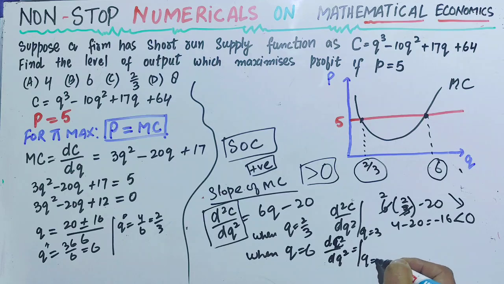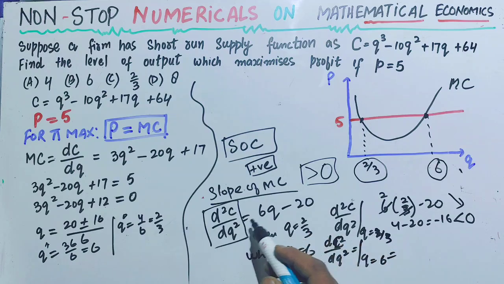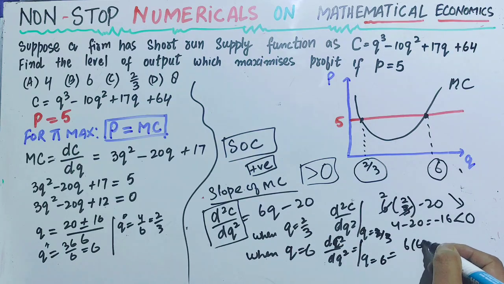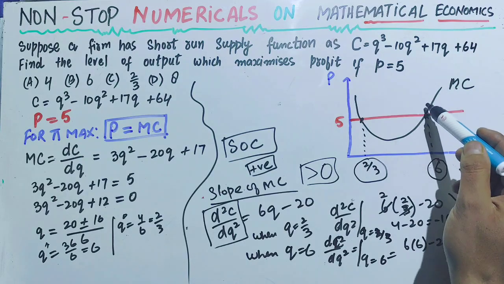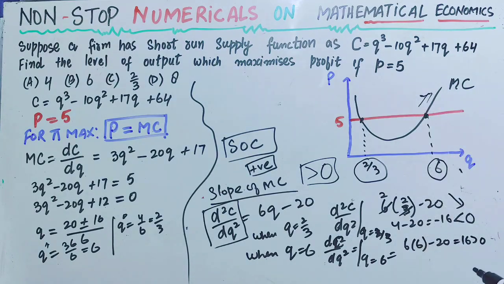Here we have 6 this time. So we have 6 times 6 minus 20, which is 36 minus 20, which is 16, which is greater than 0. That means at this point the slope of the marginal cost is increasing. So this satisfies the second order condition for profit maximization.